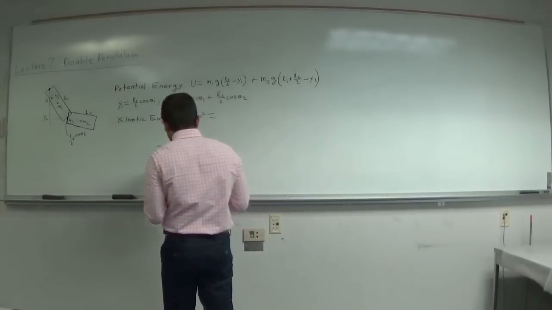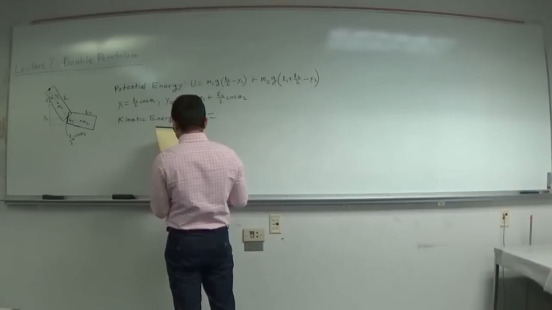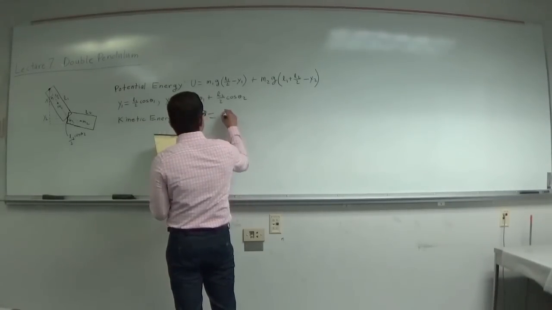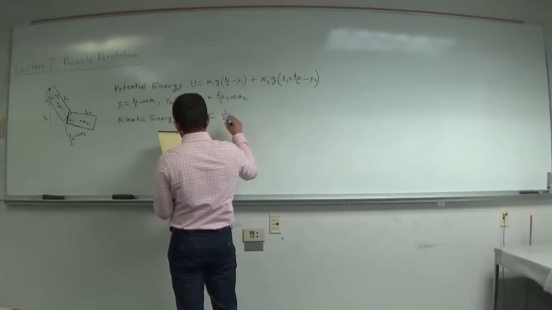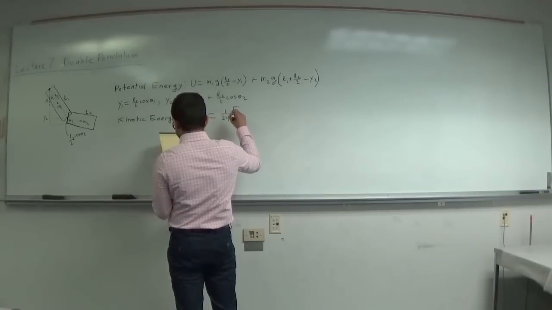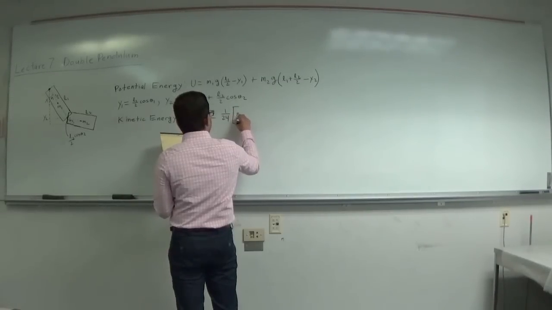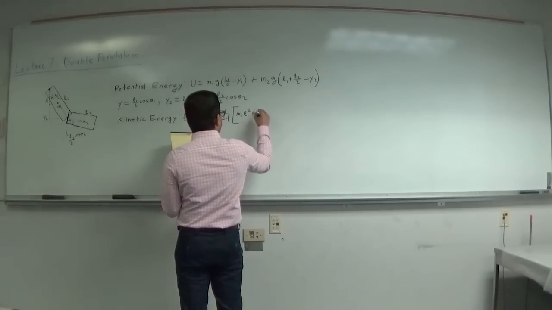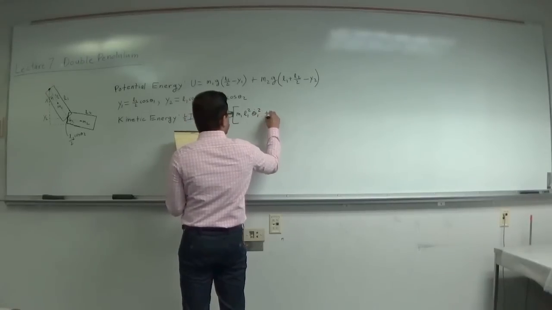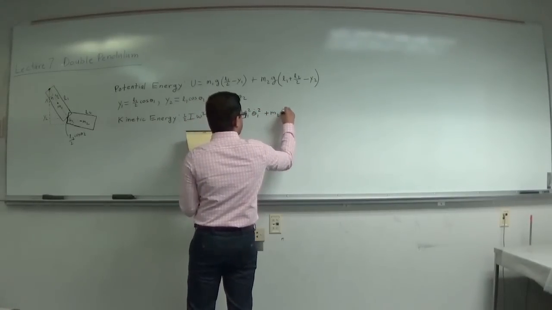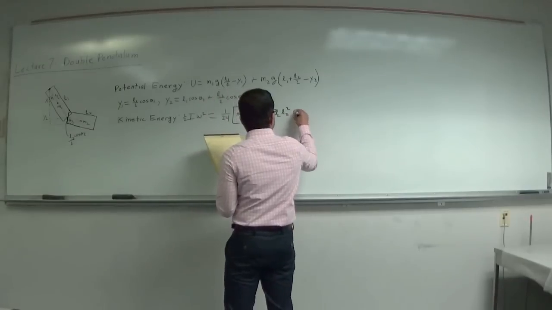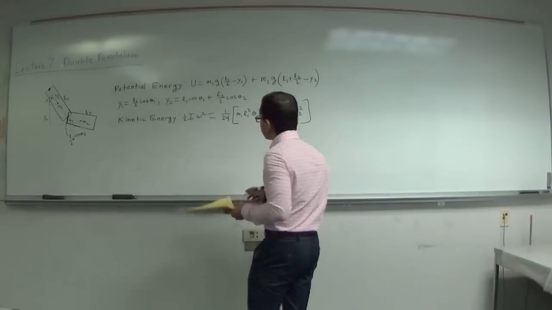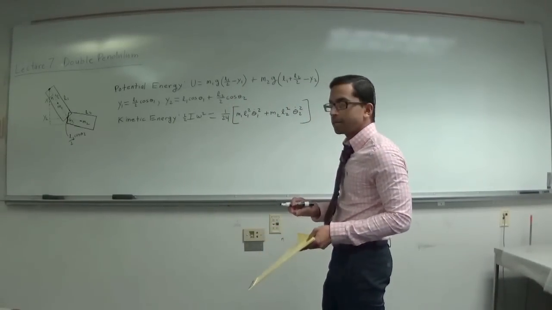So that is 1/24 times m1 L1 squared theta 1 dot squared plus m2 L2 squared theta 2 dot squared. So we're going to get that for the rotational kinetic energy.